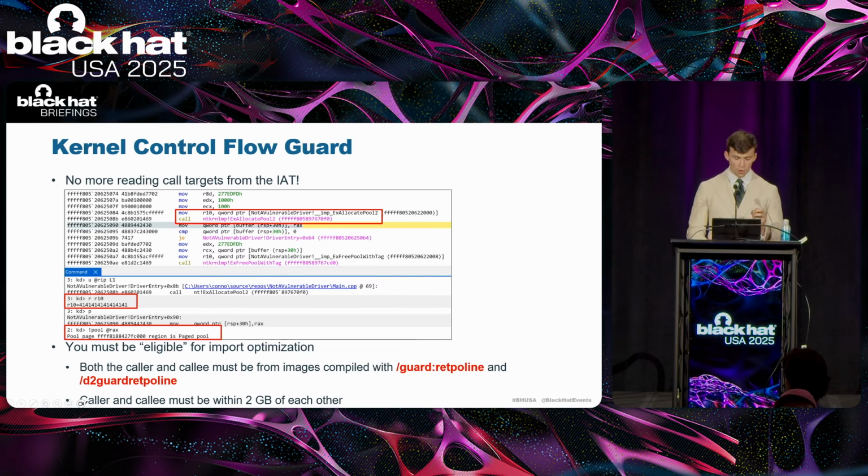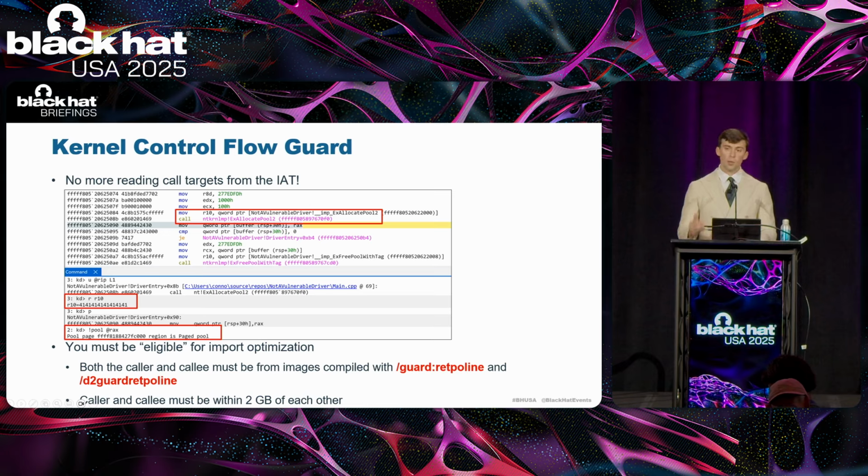So in this case, I wrote a driver for the purposes of this conference talk, and it's called Not Vulnerable Driver. And there's one single call that's made to xallocate_pool2 through the imports table. But you can see in the debugger in the R10 register, I've already corrupted this entry with an arbitrary read-write primitive to 41414141.